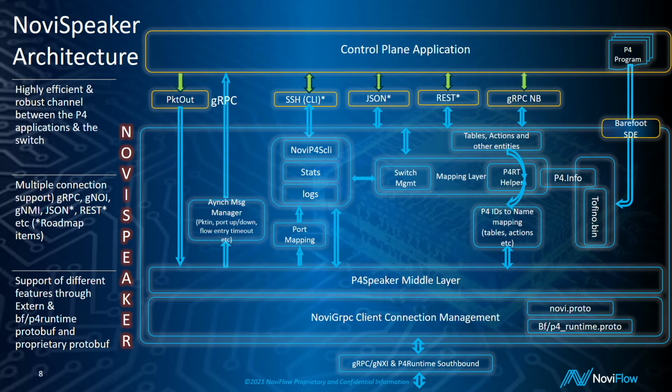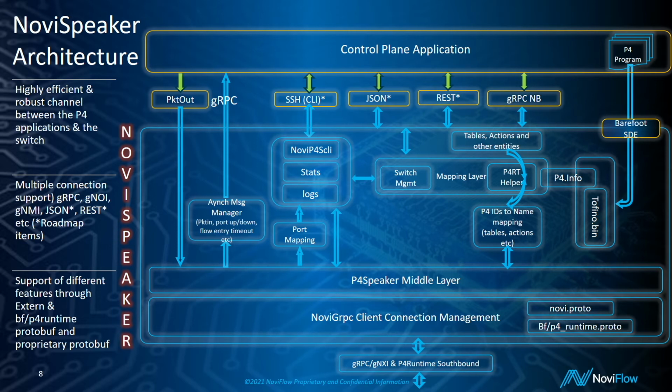Next, there are some cool fancy features in this product, like support of async messages, port mapping, logs and CLIs. Much of the async message support is not part of the P4 runtime spec, and we provide that support through NoviSpeaker using, again, our proprietary protobuf file.